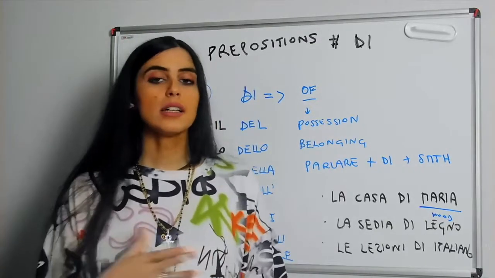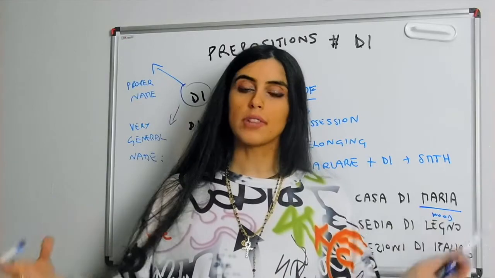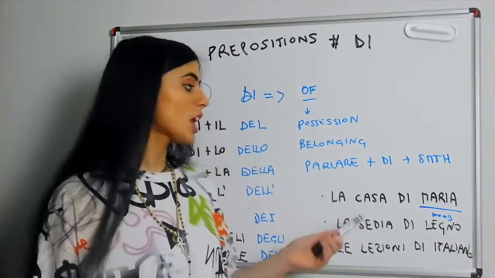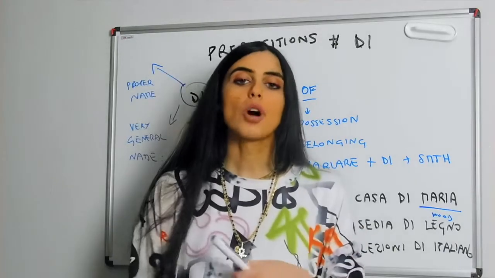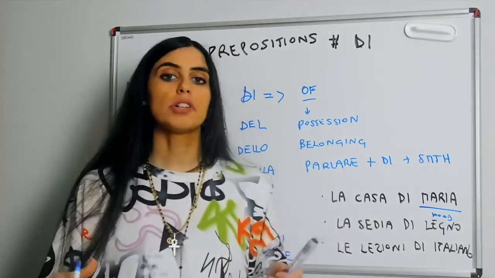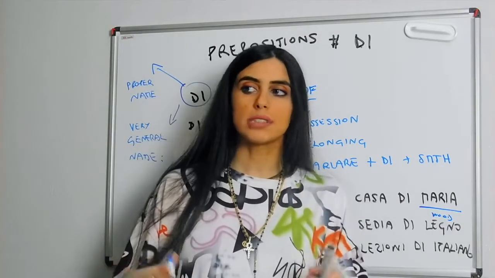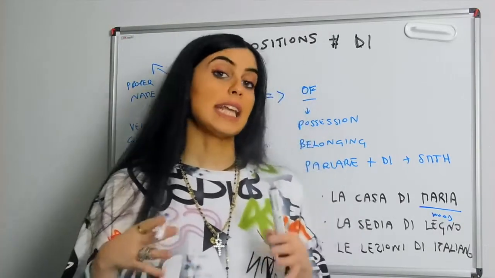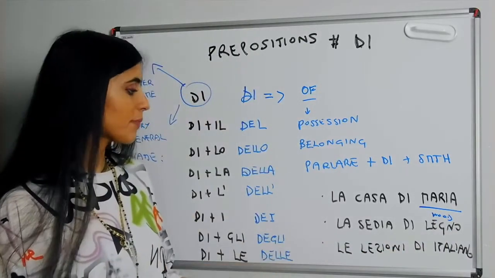There's nothing, it's a very general idea. Legno, there are many different types of legno, there are many different types of chairs. We're not being specific. That is a very general noun. So in general, when we discuss materials, right, materials are unprecise nouns in the sense that we're not saying anything specific about the material. At least in this sentence.